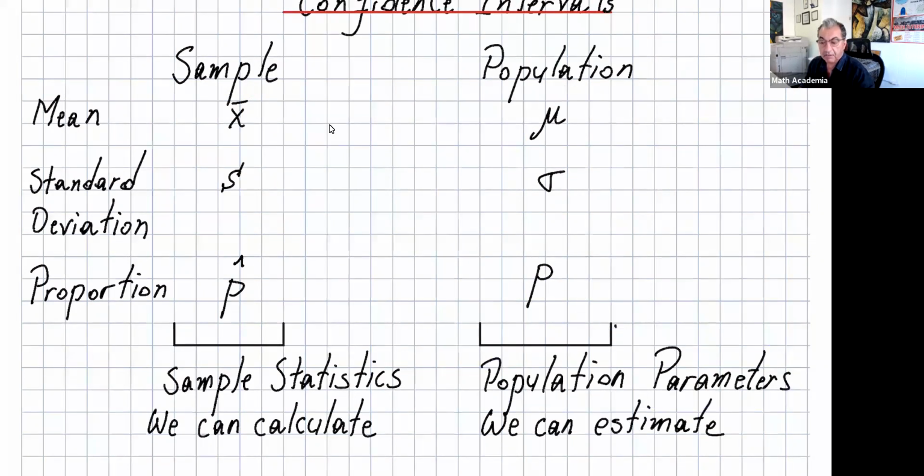Population can be small or can be large. When it's small, we can deal with that. But when it's large, let's say if we have 10,000, 20,000 people, and we want to know an information about all 10,000, 20,000, or 100,000 people, it's not easy to survey or do the calculations. So what we do, we can estimate them. And these are, again, population parameters.